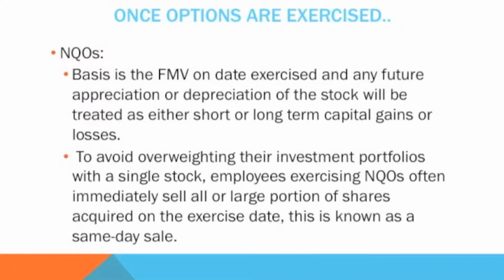To avoid overweighting their investment portfolios with a single stock, employees exercising non-qualified stock options often immediately sell all or a big amount of their shares acquired on the exercise date. This is known as a same-day sale.